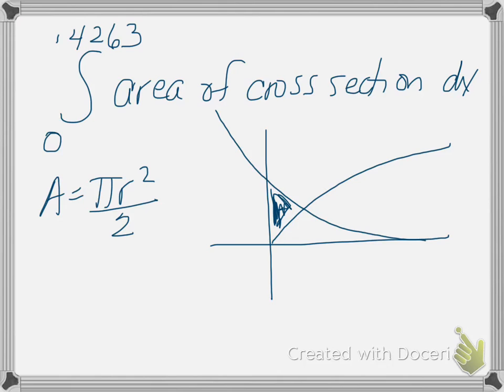So it's telling you that the diameter goes from y equals radical x, so that's here, to e to the negative x, and that's here. So the diameter would just equal the top, which is the e to the negative x, minus the bottom, which is radical x. However, if you look at our formula, we need a radius. So it's going to be the diameter divided by 2.